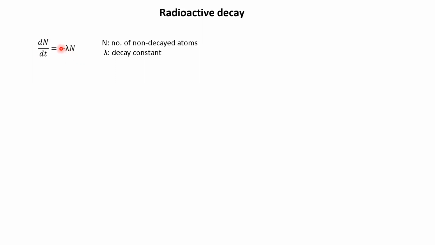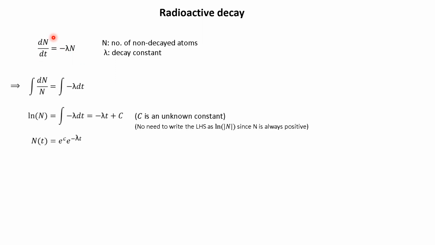For this equation, I also believe that I don't need to talk about it much, because this is just separation of variables. With separation of variables, you will be able to find N as a function of time, given by some constant times the exponential decay function.